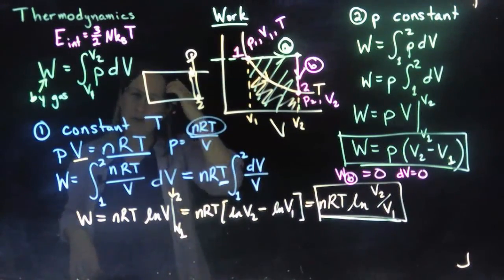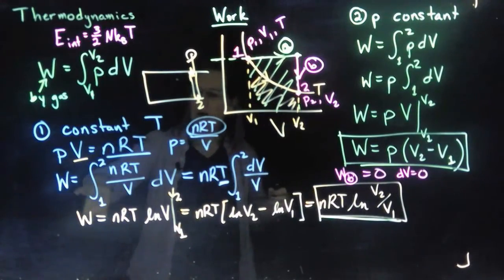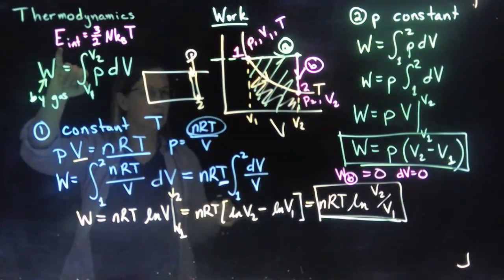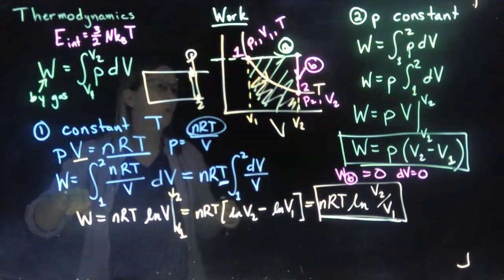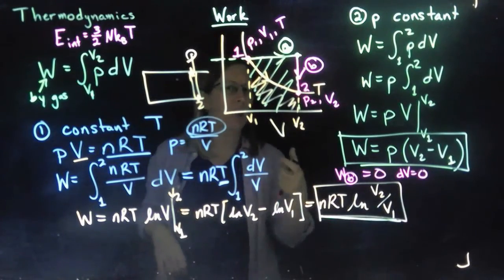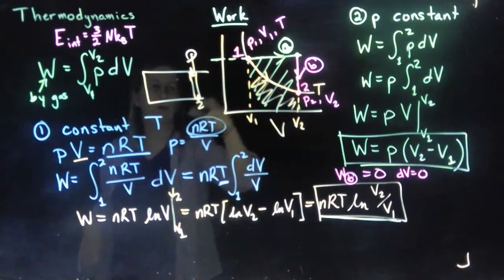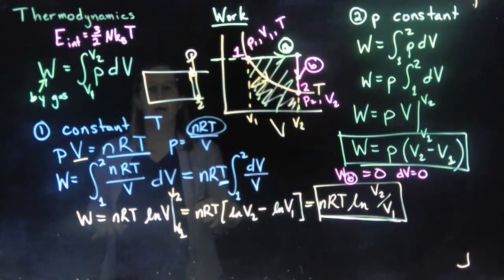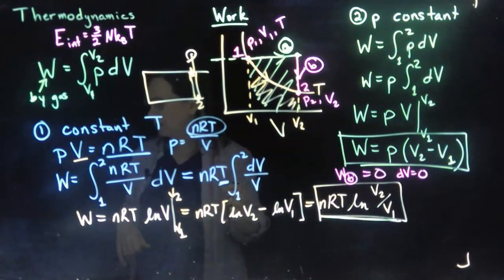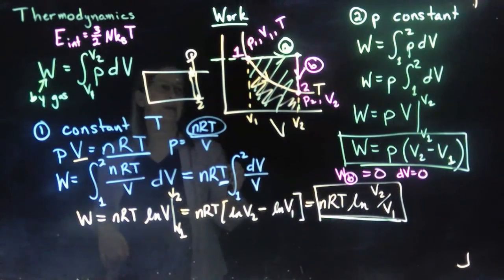But I said energy was conserved. We had work that was energy. We have internal energy. Internal energy is fixed. Work is different depending on the paths. So there's one other energy exchange we have to build into this for energy to be conserved, and that is the heat. And so that's going to get us to the first law of thermodynamics and the next video.